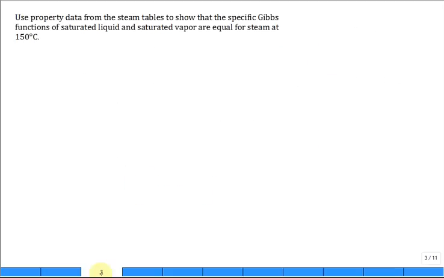Let's apply this concept. The property data from the steam tables show that the specific Gibbs function of saturated liquid, liquid, double prime is our notation for liquid, and saturated vapor, that's G bar prime, for the vapor, are equal for steam at 150 degrees C. Is that equal? You want to show it. So we want to calculate G bar double prime.